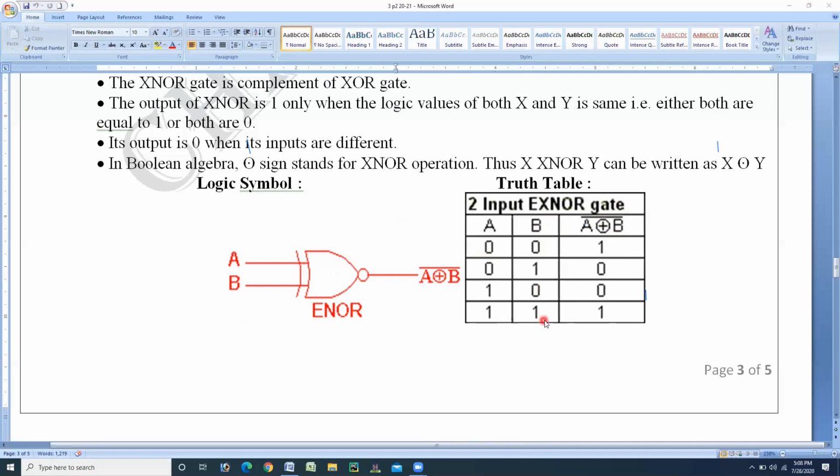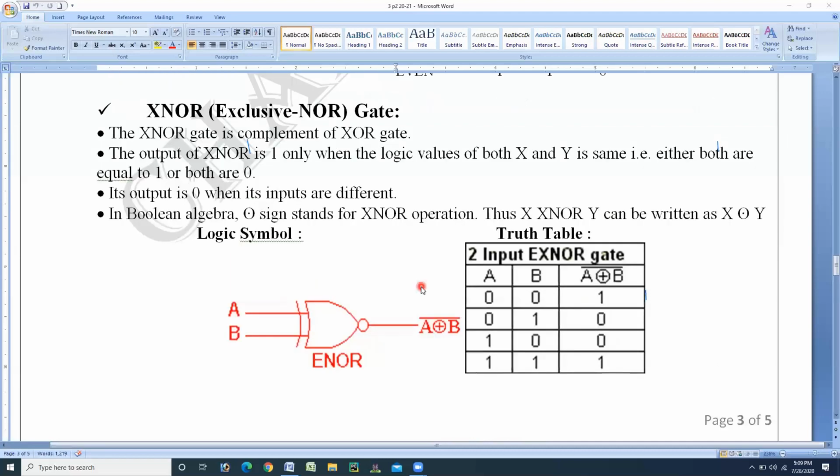Both the inputs are 1, 1, output is 1, otherwise 0. How to state this? The explanation part you can observe now after knowing these two parts. The exclusive NOR gate is the complement of the exclusive OR gate.